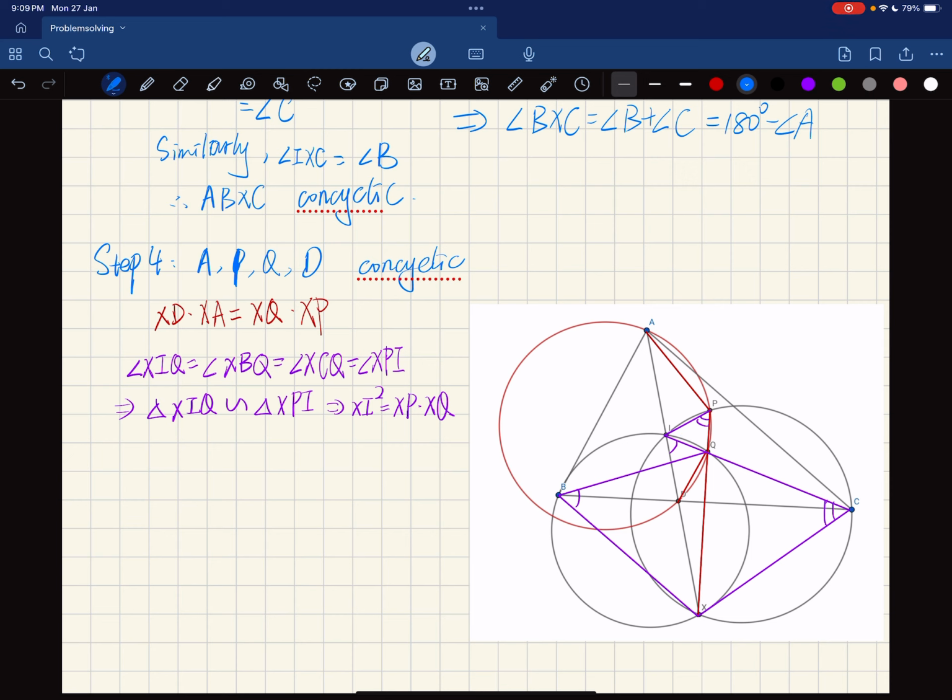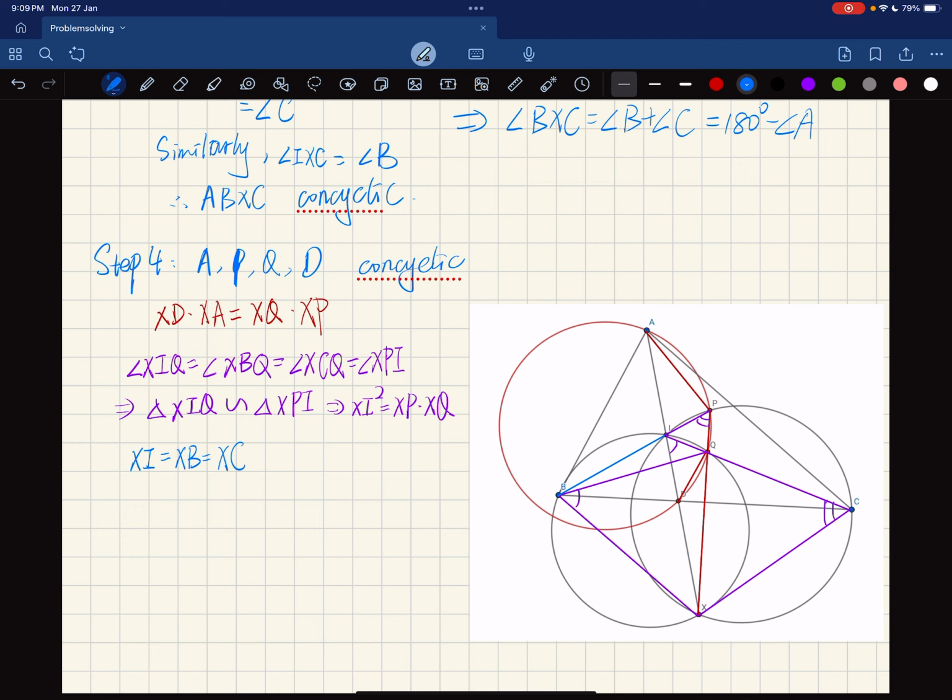Actually, since ABXC are concyclic and AX is the angular bisector of angle BAC, then XI equals XB equals XC. So we can try to prove that XA times XD equals XB squared, so that it equals XI squared, right?